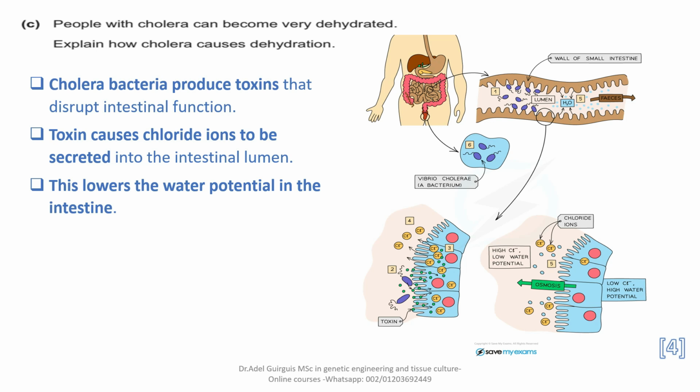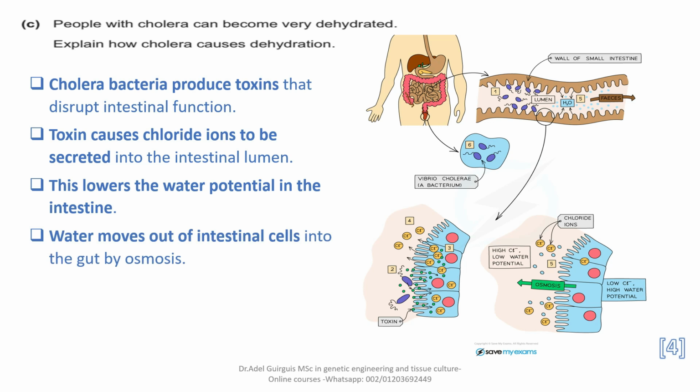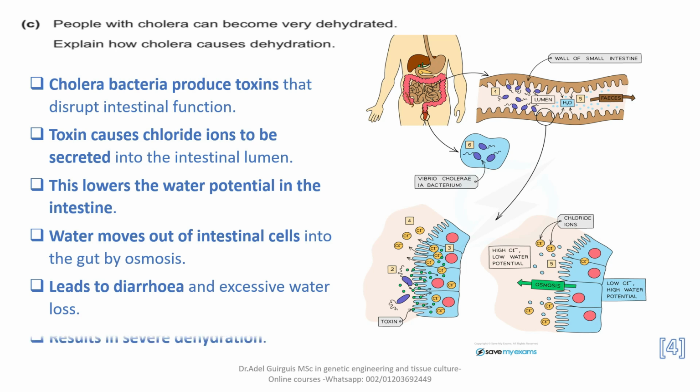This lowers the water potential in the lumen, and water moves out of intestinal cells into the gut, compensated by water and chloride ions from the blood supply that enter the intestinal cells. This leads to diarrhea and excessive water loss plus ions. Results in severe dehydration.